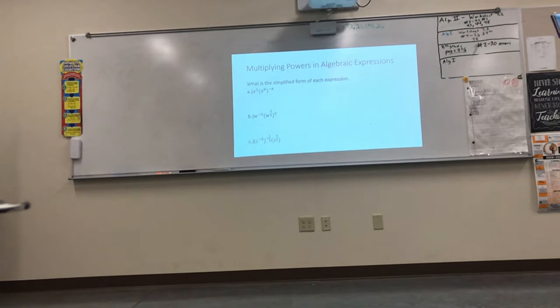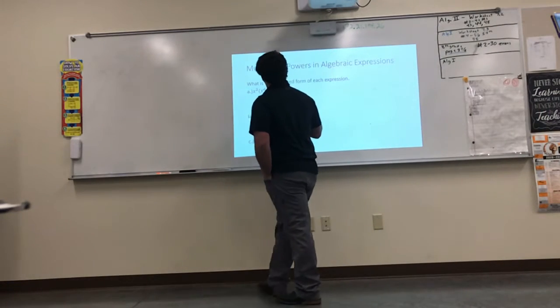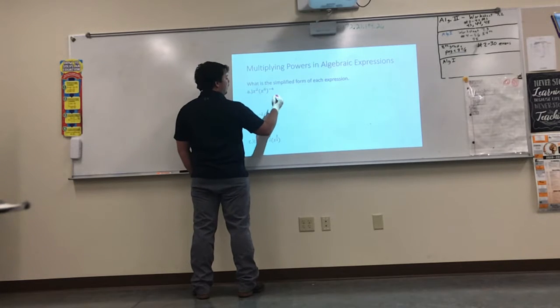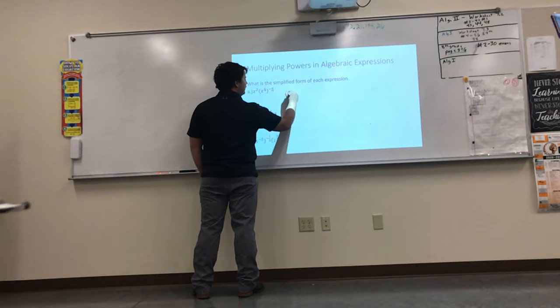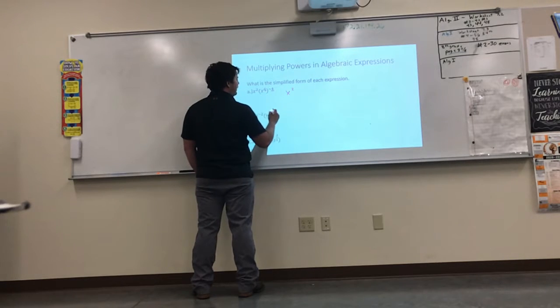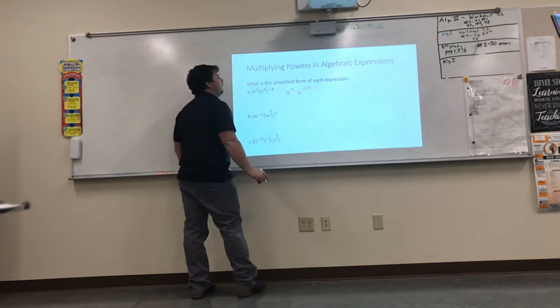Okay? So, on this first one, do we have a power to a power? Yes. It is (x^6)^-4. So when we multiply these two together, we are going to get x^2, because we're going to bring that along, and we're going to get x^-24.